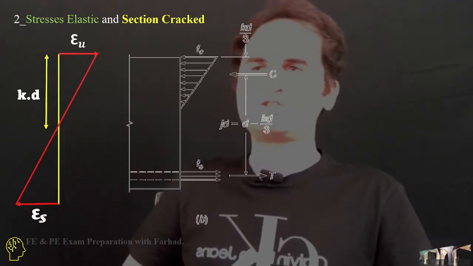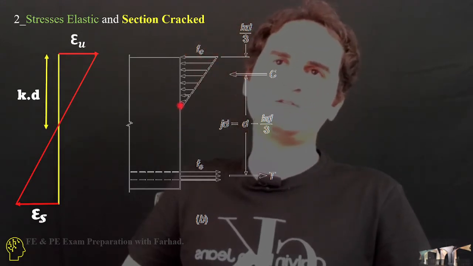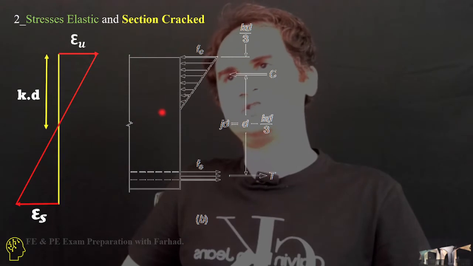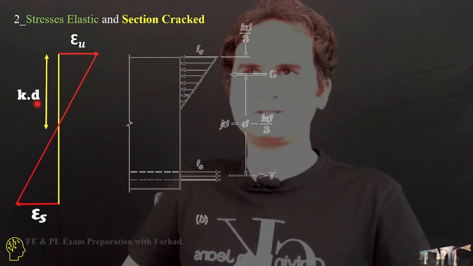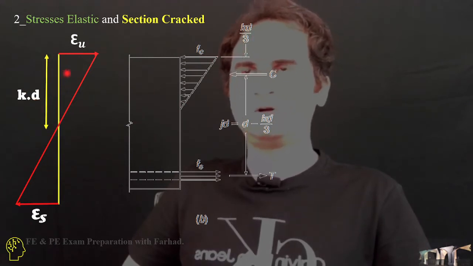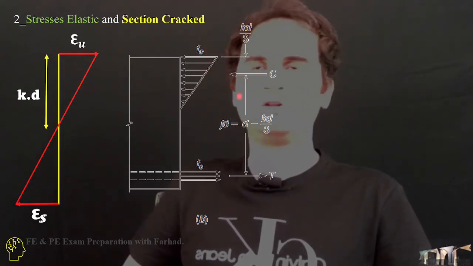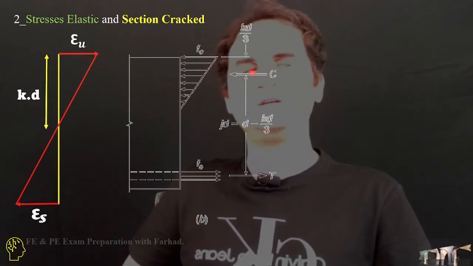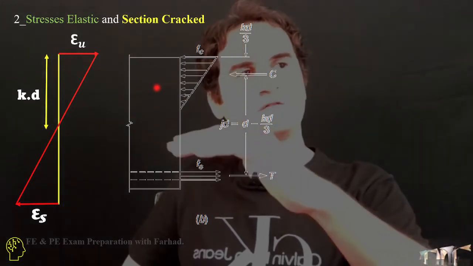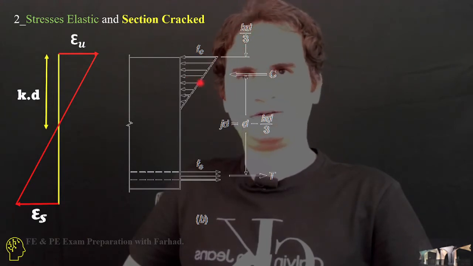If we consider a triangular distribution of stresses, and we call this distance kd, the coefficient times the effective depth from the top of the section to the neutral line, then the compressive force of concrete applies at one third from the neutral line, where the centroid of the triangle is.